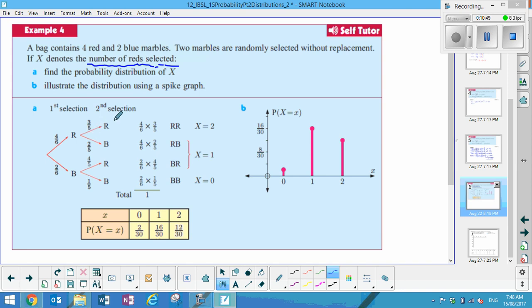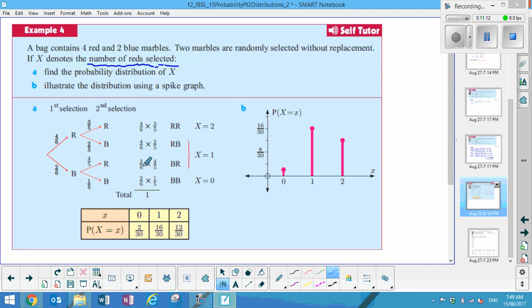So find the probability distribution. So do your tree diagram again, taking 1 marble, then taking a second marble. Write out your sample space. Do your probabilities, so multiplying along the line, remember. So here it's probably helpful not to cancel things down, though we could have cancelled all those down to 2/3 and 1/3.